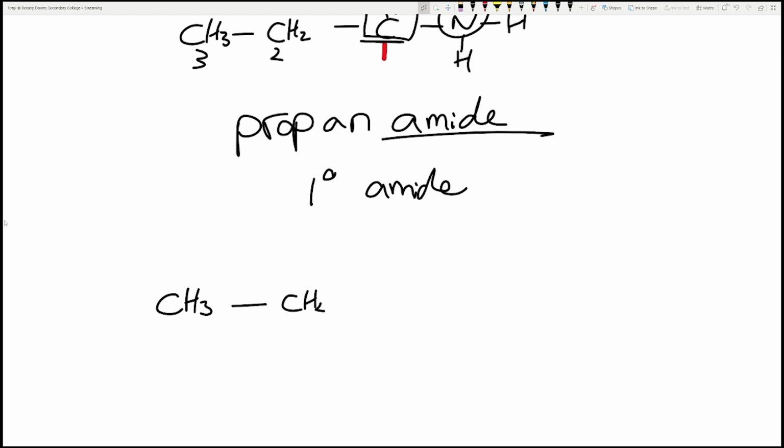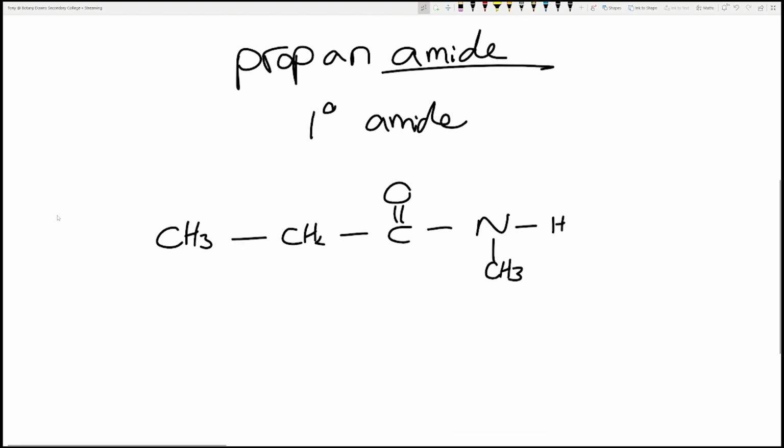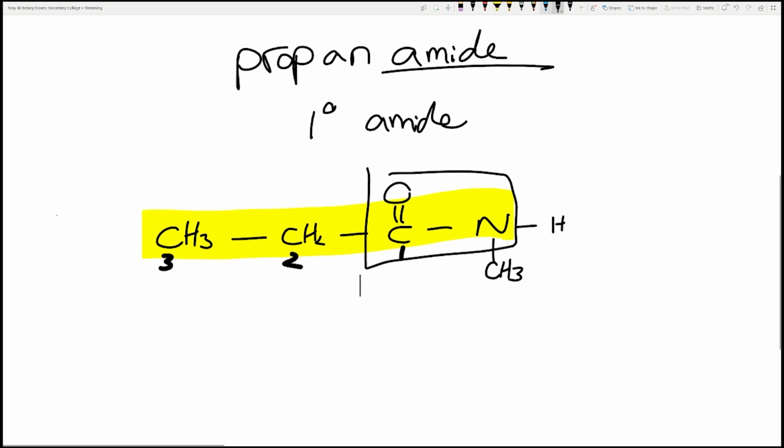Let's keep the same thing. Let's have our propanamide, but instead of having 2 hydrogens, let's put a CH3 there. This changes something. We're still interested in the longest carbon chain, which is that bit there. This is my longest carbon chain, 1, 2, 3 carbons, and I have my CON, so that's my amide.